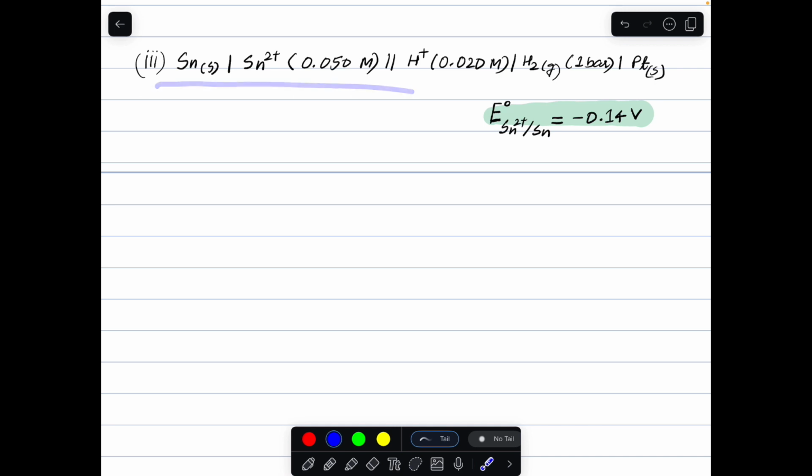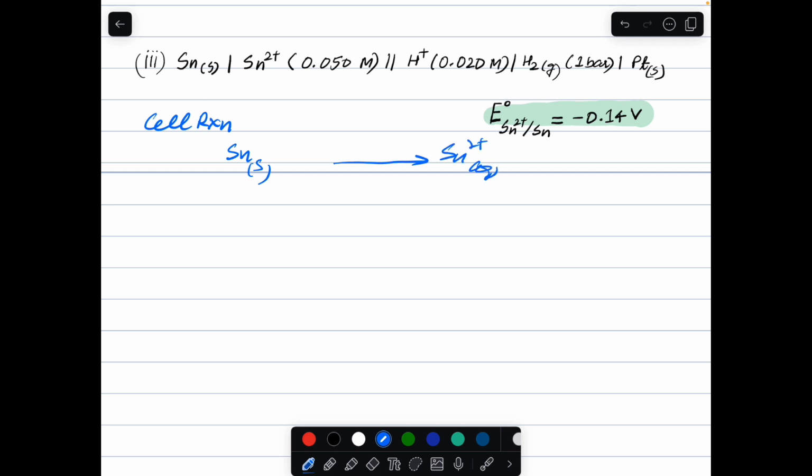So we will write down the cell reaction again in the same manner as we did for the previous one. Your tin metal is undergoing oxidation to Sn2 plus ion, stannous ion, which goes into the aqueous state, and the H plus ion from the solution is being converted to hydrogen gas. So to balance, we'll put 2 here, therefore the number of electrons involved in this case is also 2.